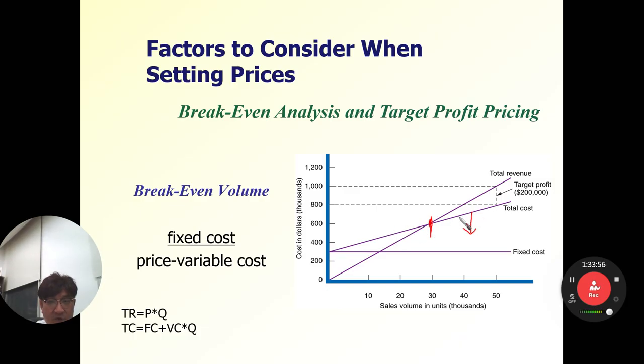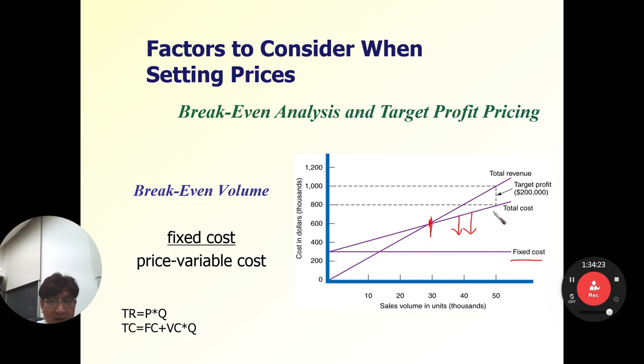If we move the total cost line in this direction parallel to the x-axis, you are lowering the y-axis intercept. Which means you lower your fixed cost, right?